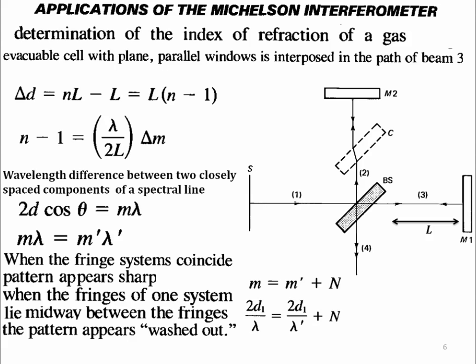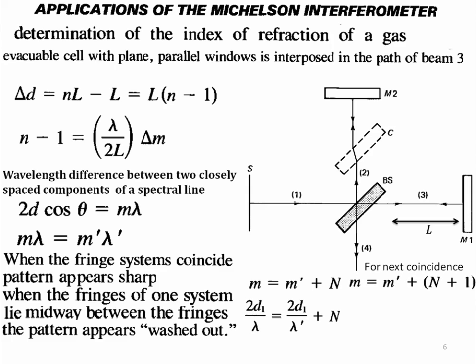Let us suppose we are seeing things close to theta equal to 0 degrees. Then m is equal to 2 d1 over lambda. d1 is the same for both, because d1 is the distance at which both fringe systems coincide. Then 2 d1 over lambda is equal to 2 d1 over lambda dash plus n. We have just substituted the values of m and m dash in the same equation by taking theta equal to 0, meaning we are talking close to a central case.